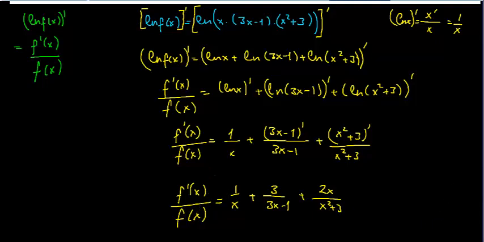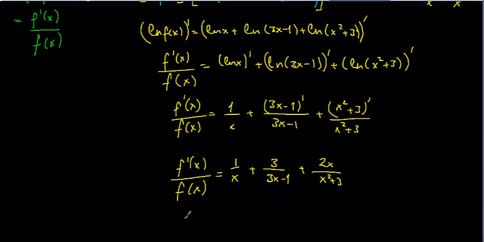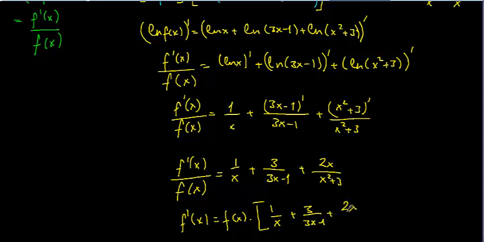The question is asking for f'(x). So f'(x) is equal to, when I send f(x) to the other side, it should be in the form of multiplication. That's why I write all the other terms like this: 1 over x plus 3 over (3x minus 1) plus 2x over (x squared plus 3).